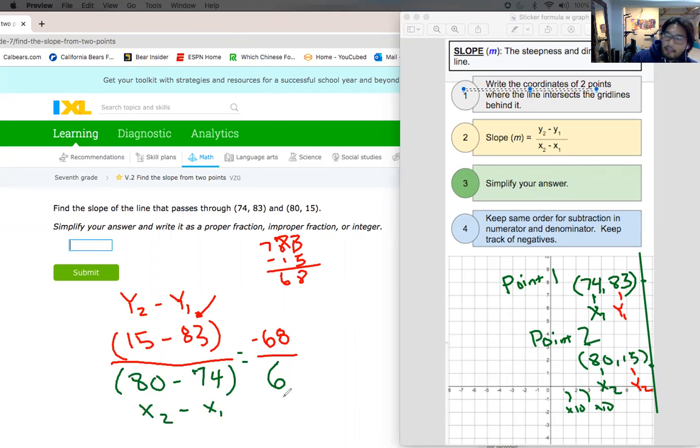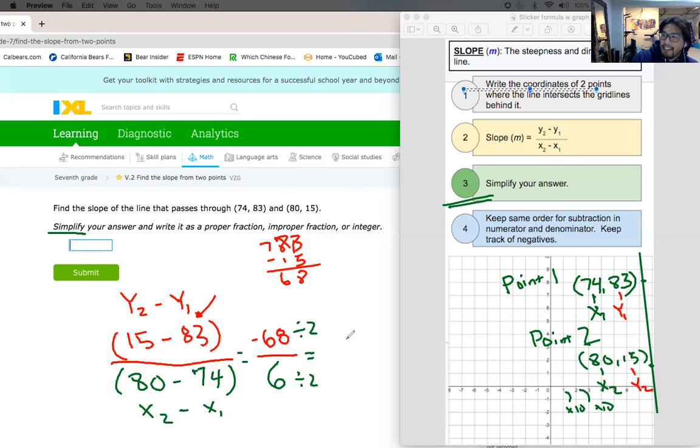I know that we can simplify this. I think there's definitely a common factor here. I think it's 2, because these are even numbers. So we need to do step 3, which is to simplify our answer. That means you need to take it down to its lowest form. Let's just see what happens when I divide the top and the bottom by 2.